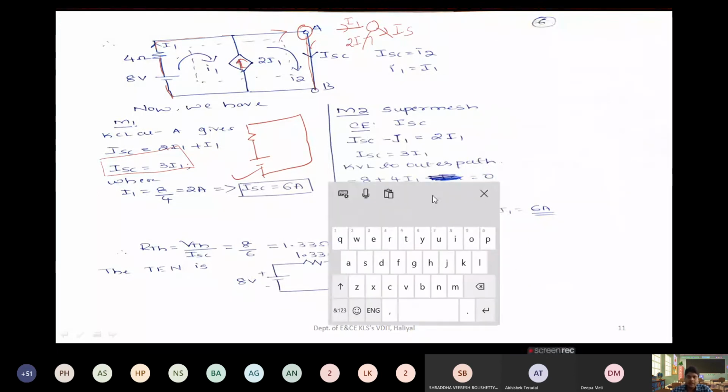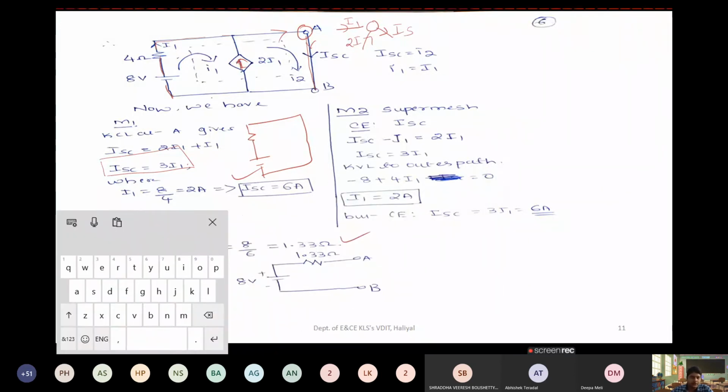But if this is not of your choice, you can go for the supermesh analysis also. As you can see, there is a current source coming between two meshes, so you can write the constraint equation. I short circuit is nothing but I2, which is flowing in the same direction as I2, and in the opposite direction you have I1.